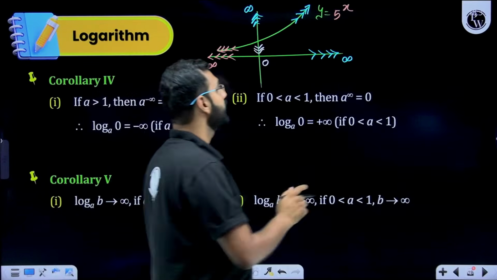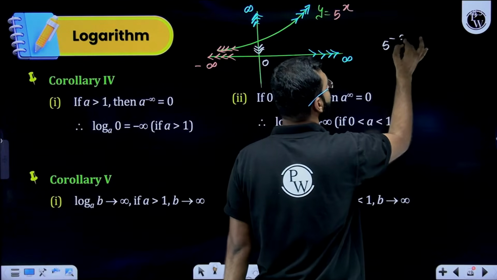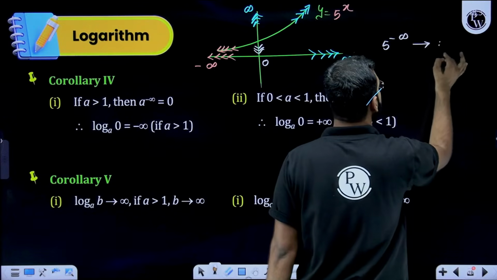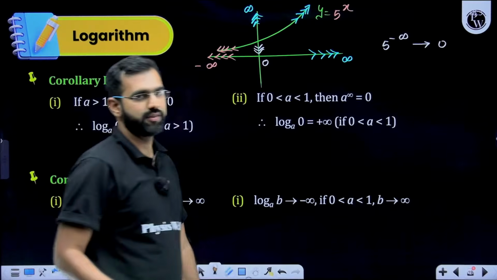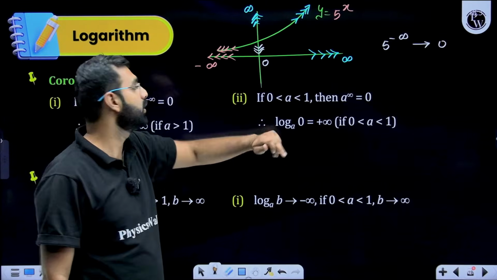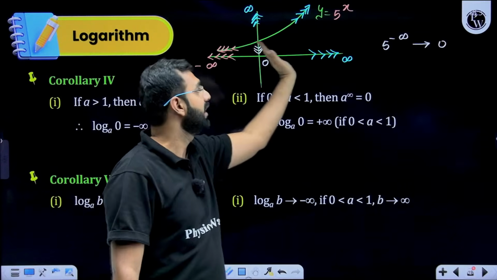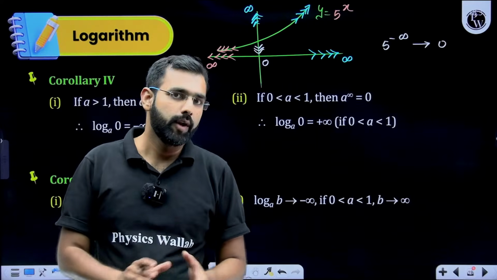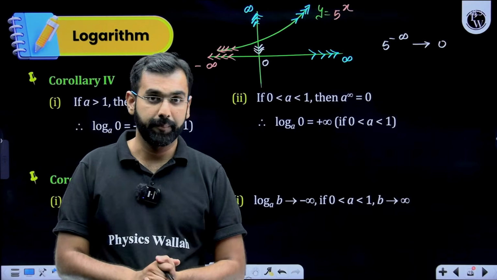It means if I'm asking you to figure out the value of 5 to the power minus infinity, it will be approaching 0. So as x decreases, 5 to the power x approaches 0. As x increases, 5 to the power x approaches infinity. Are you all able to digest my words very clearly, all the participants?